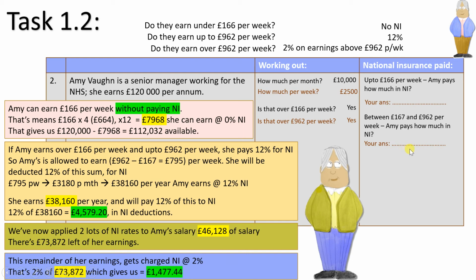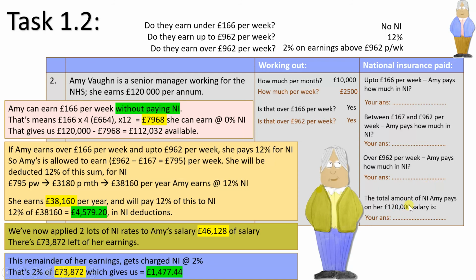Answer on the little brown bit. Now for the third slice of her salary, for her salary which is over £962 per week, Amy pays how much in national insurance? Put your answer where the brown writing is. The final question is the total amount of national insurance Amy pays on her full £120,000 salary is, yes, you write it on the answer below.